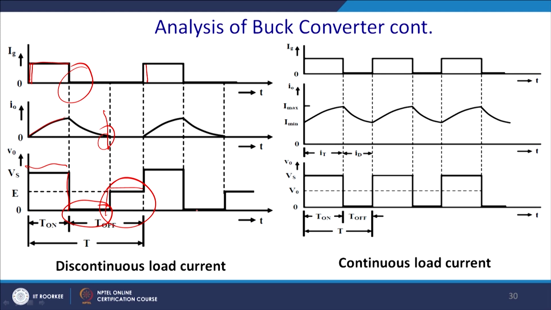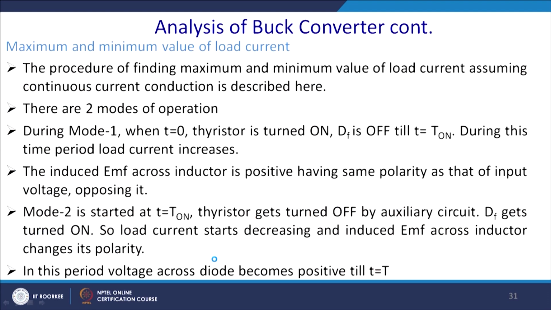Please note that this is the current through the thyristor. If the load current is continuous, then the back EMF or the battery voltage will not be manifested in the load. You get this kind of waveform in a continuous load current, and this will be the discontinuous load current.